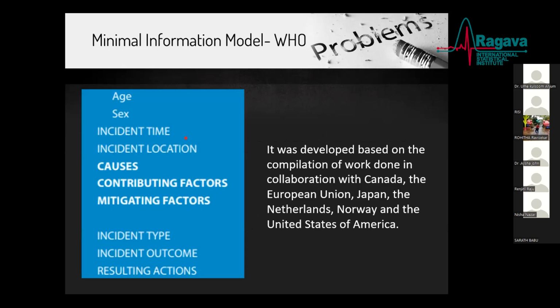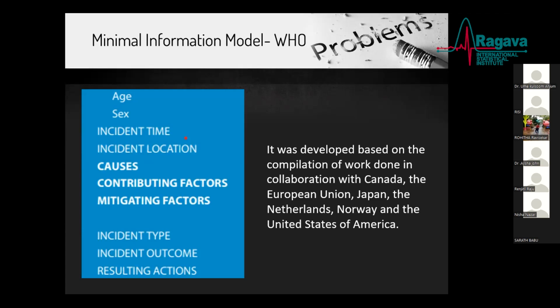Now, with the needs of those organizations who run reporting systems throughout, WHO initiated a project in 2011 to address the lack of international consensus for collecting data on patient safety incidents. So they didn't have a uniform architecture or uniform method.